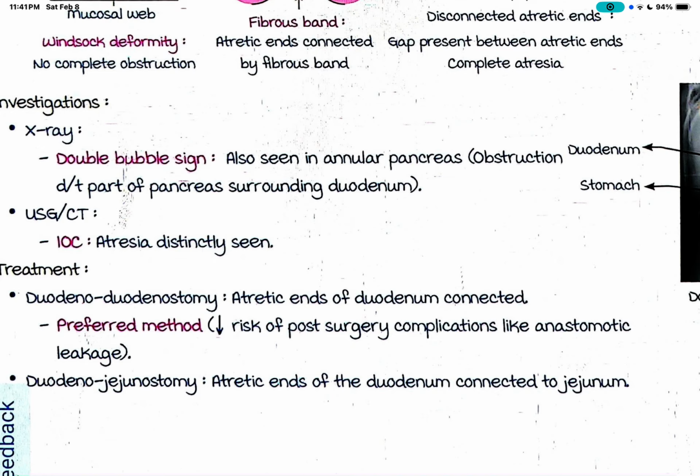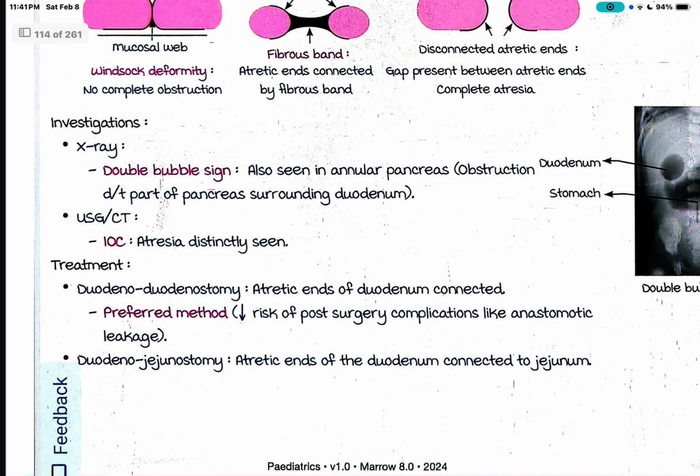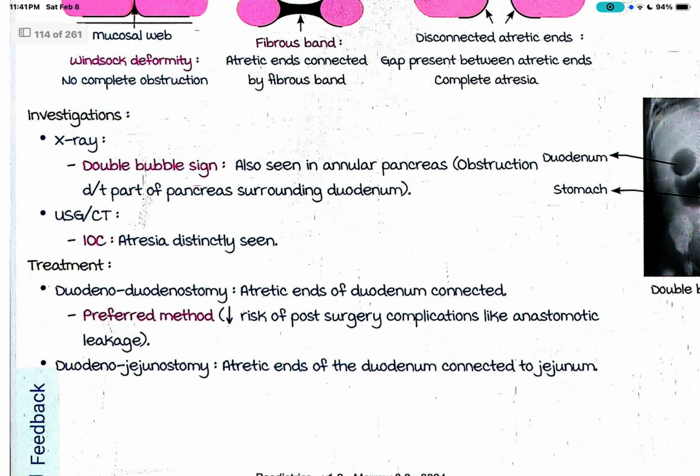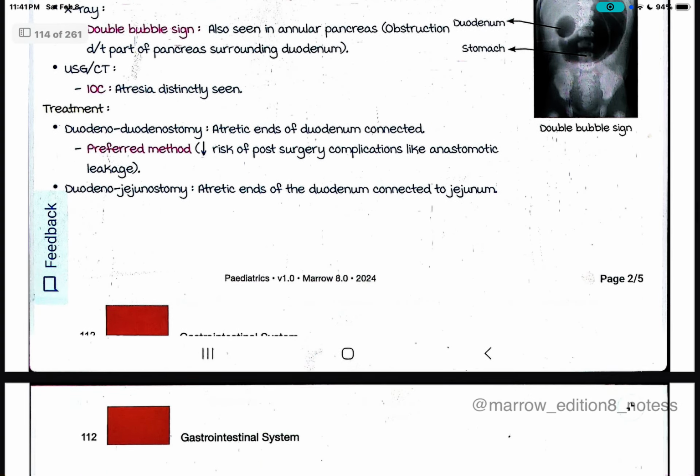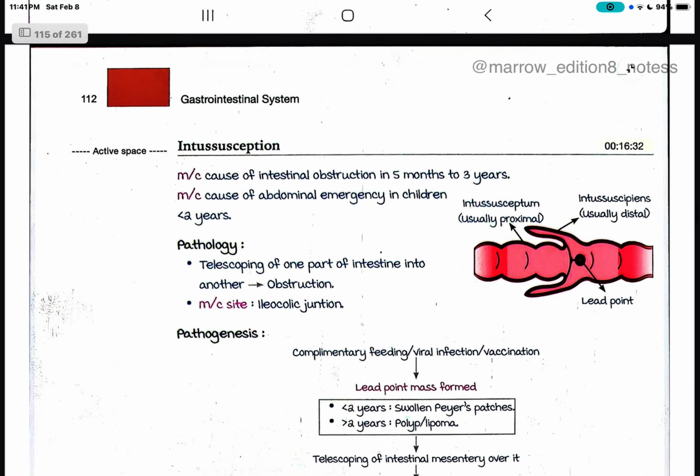Duodenojejunostomy: the atretic ends of the duodenum are connected to the jejunum.